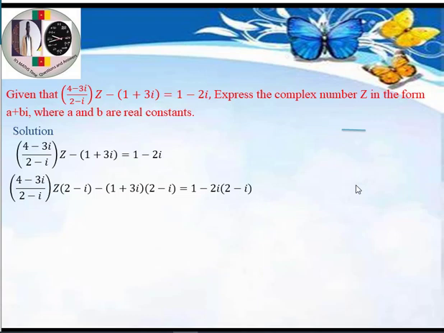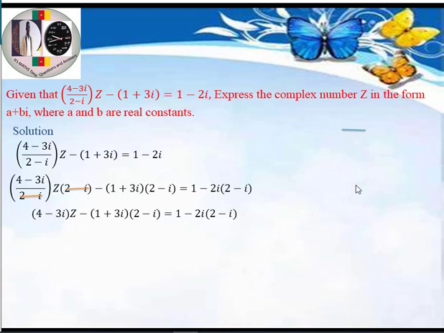In this case, the 2 - i cancels out, and we are left with (4 - 3i) times z - (1 + 3i)(2 - i) = (1 - 2i)(2 - i).